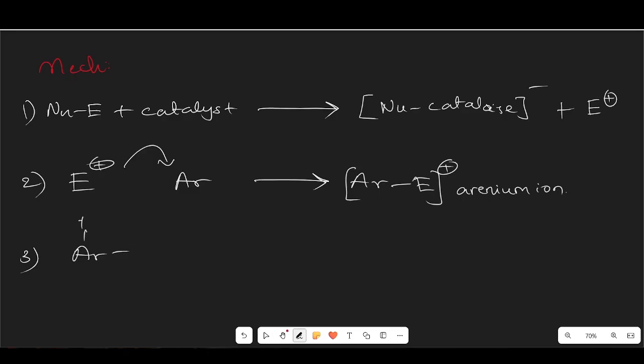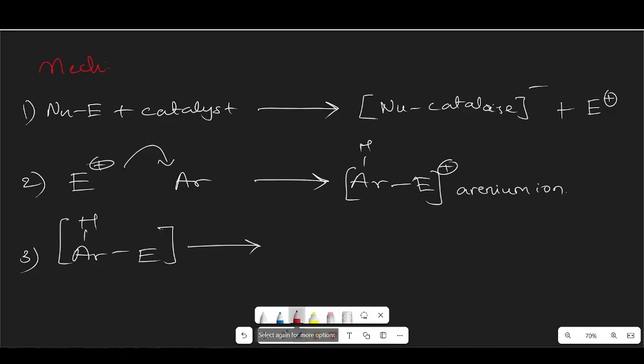Of course, this arenium ion does contain a hydrogen. It is rearranged in such a way that the hydrogen leaves, and this complex breaks free, and this forms the arene with the desired electrophile attached, and the H plus, and the catalyst is regenerated.